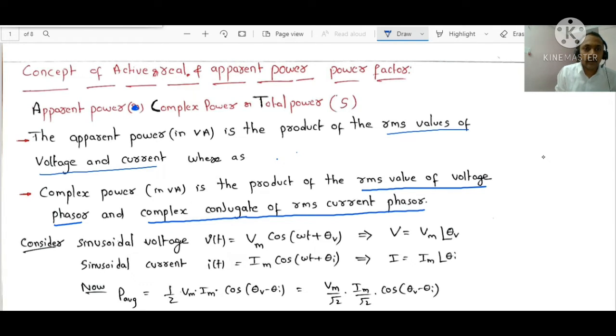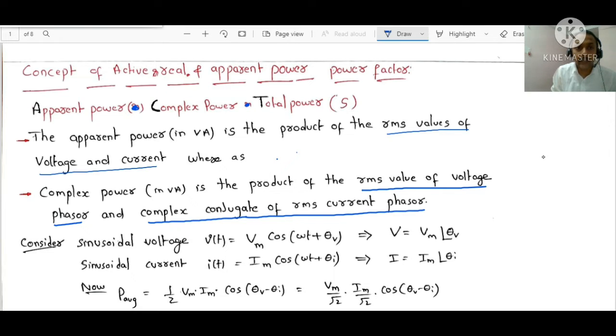So apparent power, we will denote with the capital letter S, complex power. And the units will be volt ampere. You may get a doubt: sir, power, we have to express in watt.